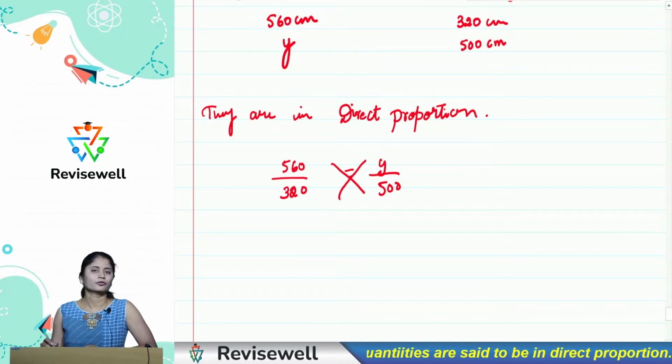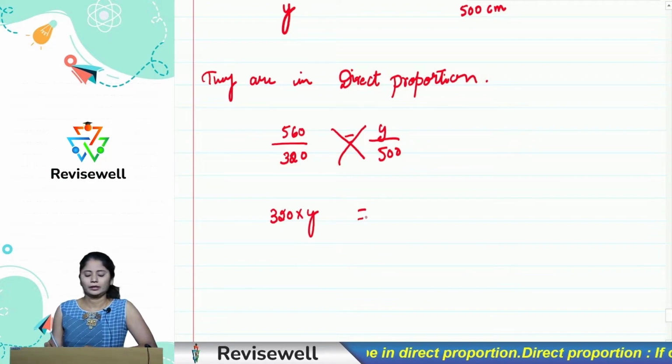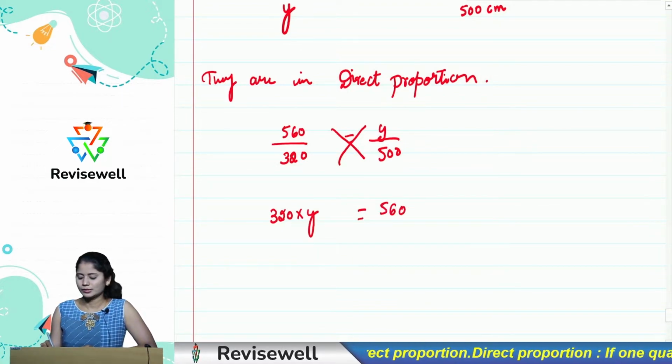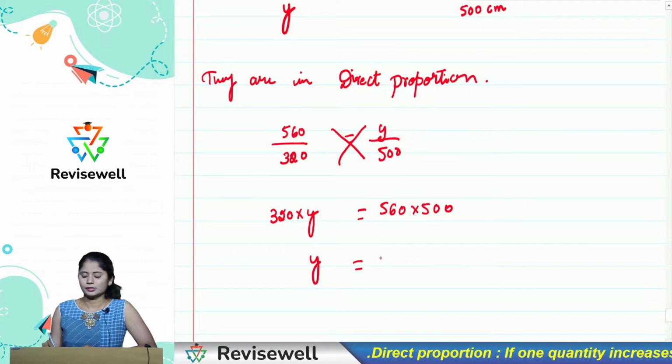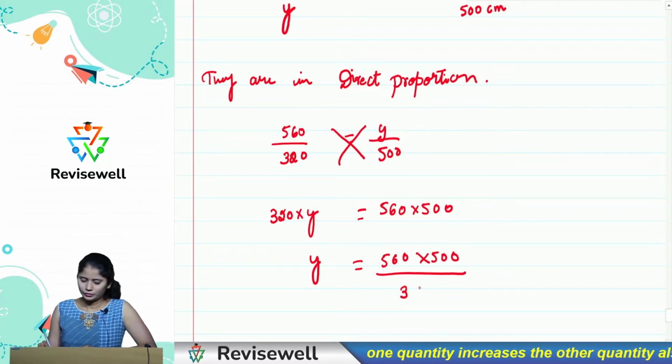To get the value of y, you need to cross multiply. So 320 times y equals 560 multiplied by 500. So y equals 560 multiplied by 500 over 320.